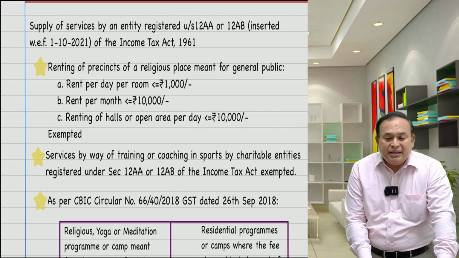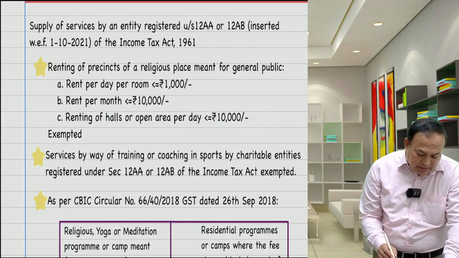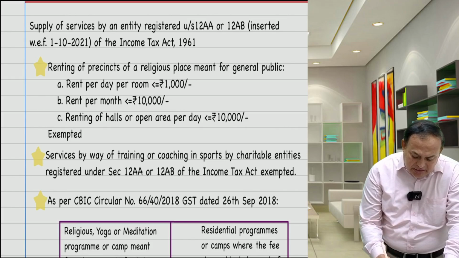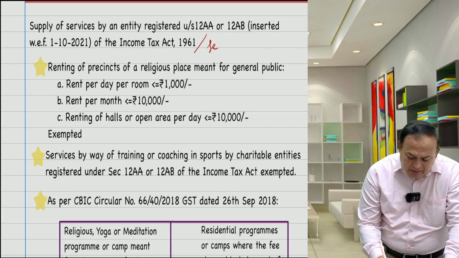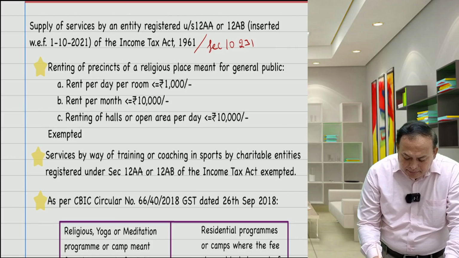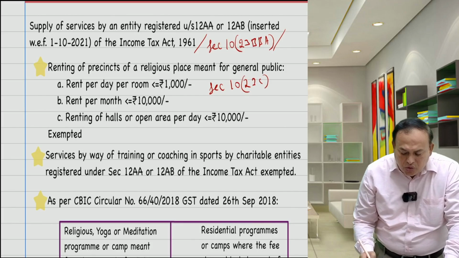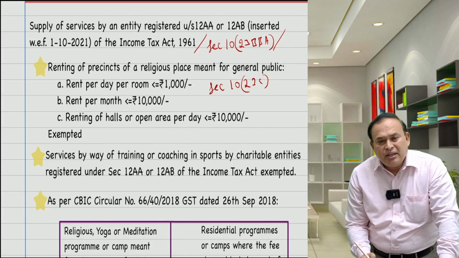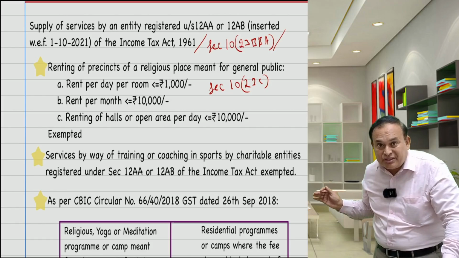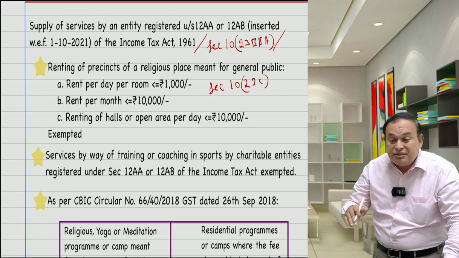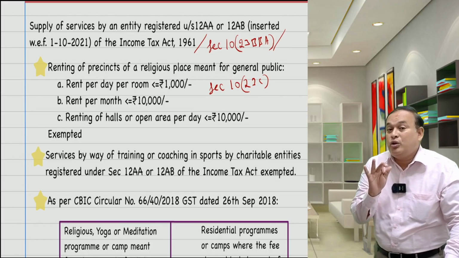Now I also add here not only this particular service, but also section 10(23BBA) of the Income Tax Act or section 10(23C) of the Income Tax Act. Here only I am adding these two sections. In the earlier case, for charitable activities I said the 12A, 12AB only.